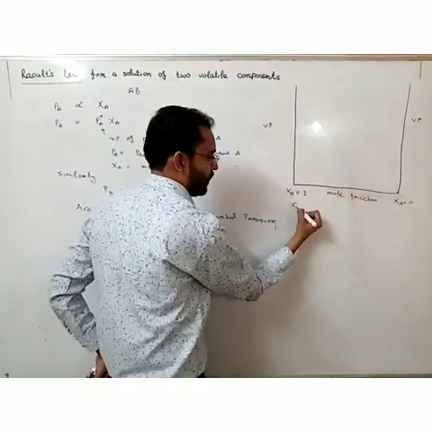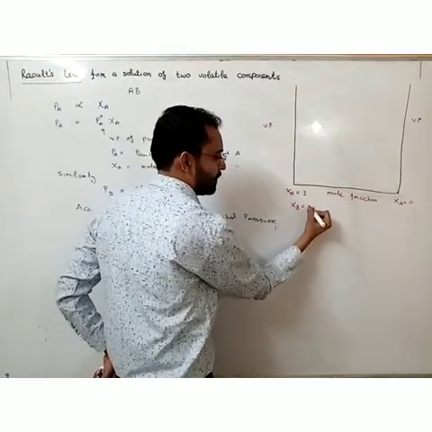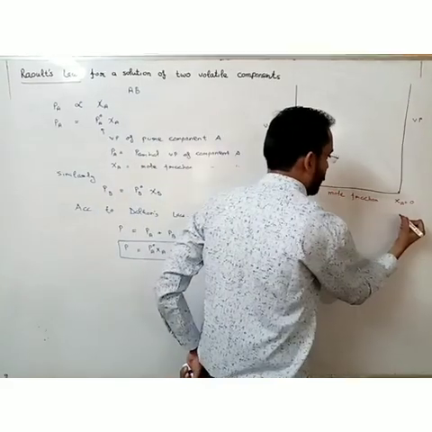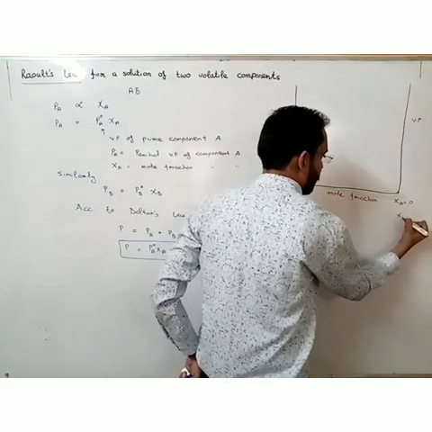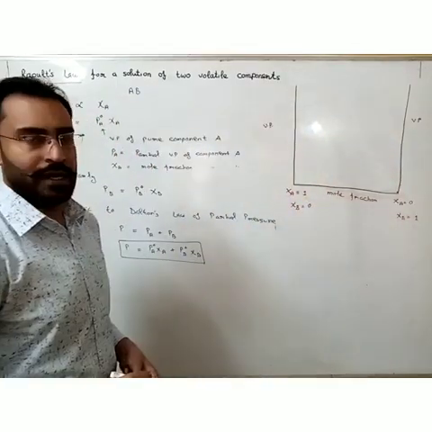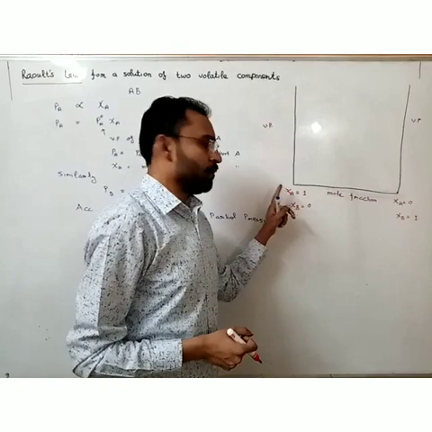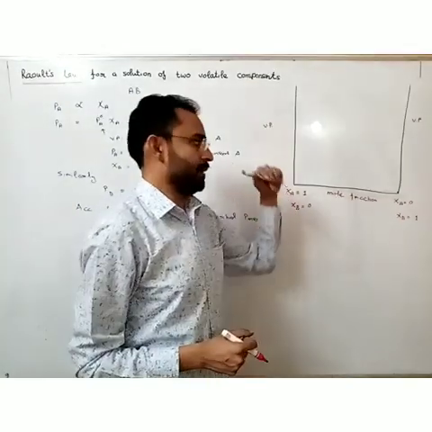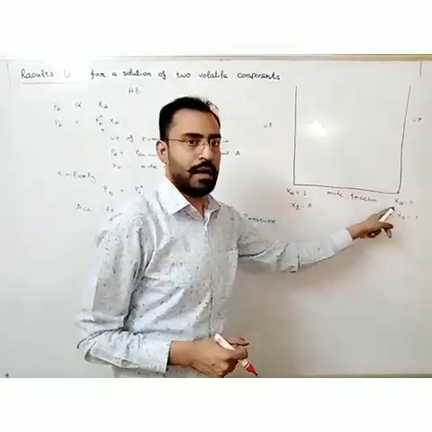Similarly, mole fraction of component B on this point is 0. It keeps on increasing from left to right until XB is 1. Means on two extreme sides, pure component A as well as pure component B are present.